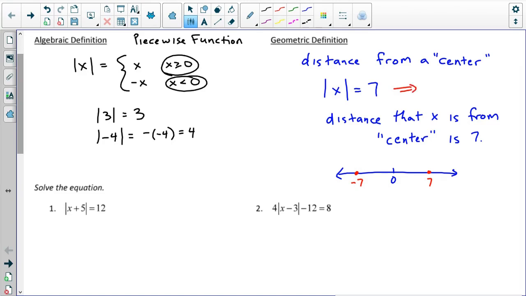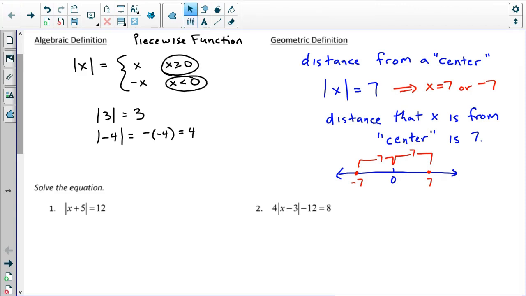So in this particular problem, I would say x equals 7 or negative 7, because in either case, my distance is 7, because distances essentially cannot be negative. So that's geometrically what's going on.